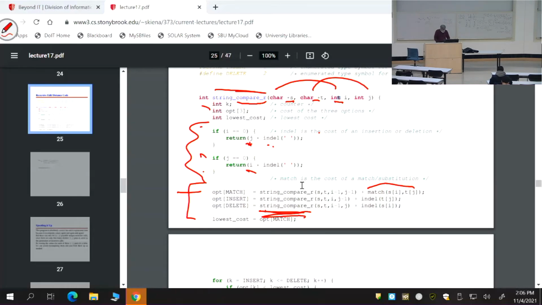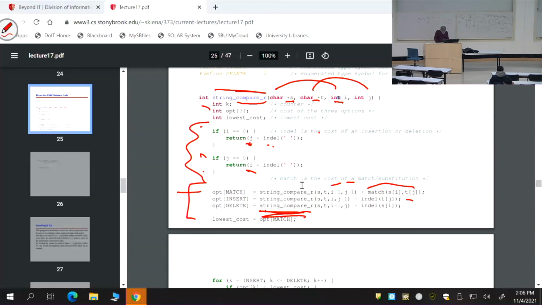If we end on a match, the recursive problem involves two prefixes both shortening. If we end on an insert, the insert into the first string was being done so that it would match something in the second string.